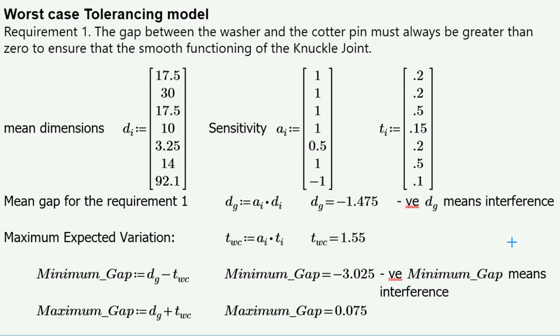We are getting 1.55. So minimum gap here we are calculating by using mean gap minus expected variation, that is the worst case tolerance, which is coming around minus 3.025. This negative minimum gap means there is a huge interference.